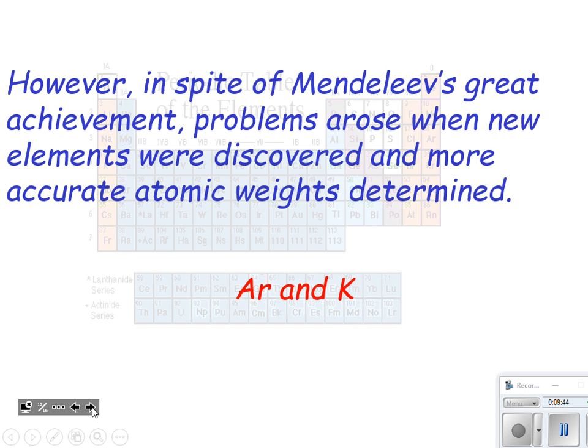Argon weighs more than potassium, but it's after it on the periodic table, right? Cobalt, nickel, tellurium, and iodine, we already talked about. So there's still problems with this table that Mendeleev created.